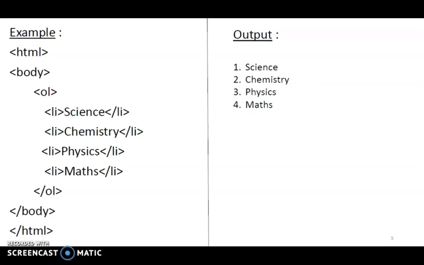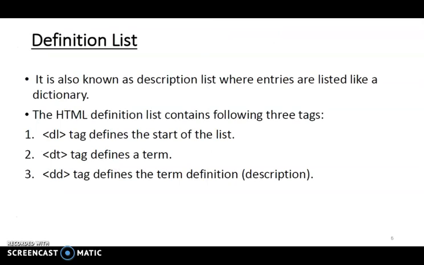Okay, now see your third type of list is your definition list. So the definition list is also known as a description list. So the description list is a list of terms with a description of each item. So the definition list contains three tags.